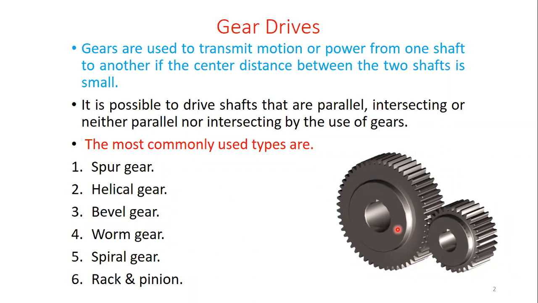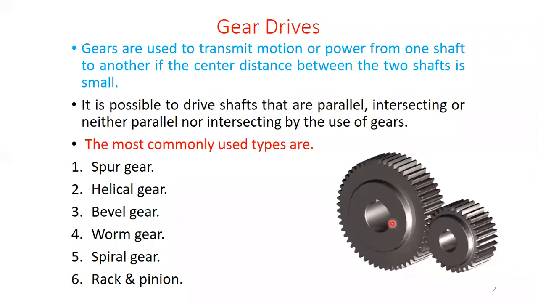In this, the drive shafts are parallel. They may be intersecting, or in some cases, neither parallel nor intersecting, by the use of the gears. In that case, different types of gears are there.